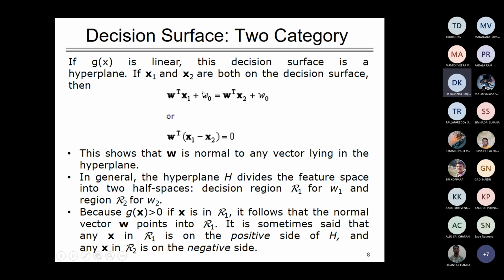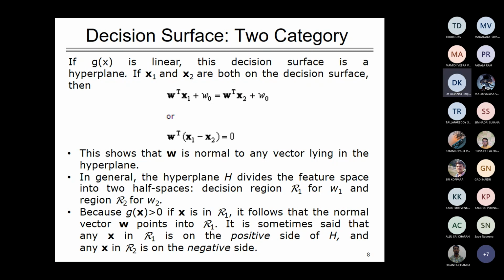On both sides W0 gets cancelled, that means the bias gets cancelled, and we take W transpose x2 to the left hand side, take the common W transpose, which is multiplied with x1 minus x2, and this equals 0.